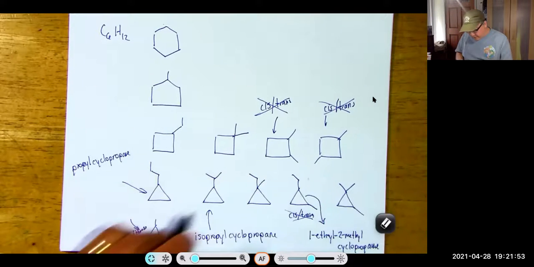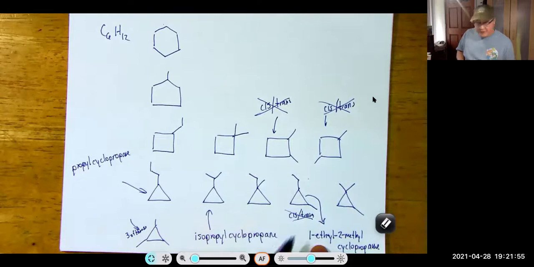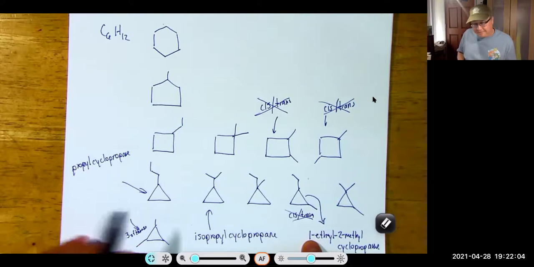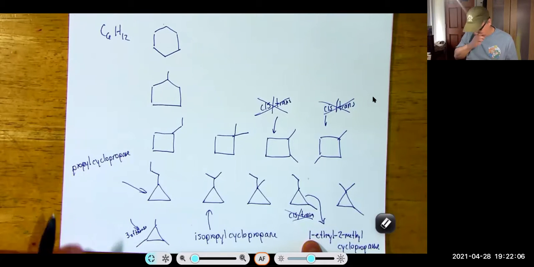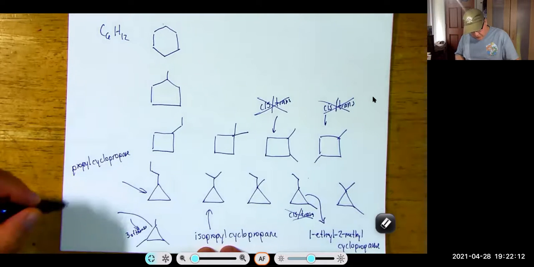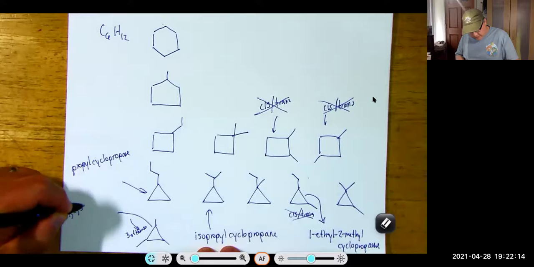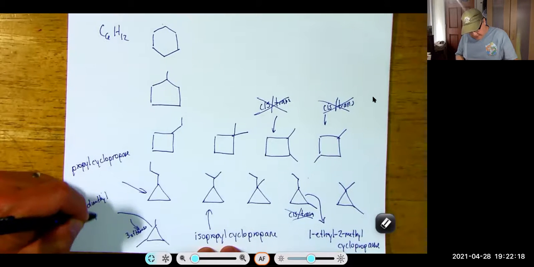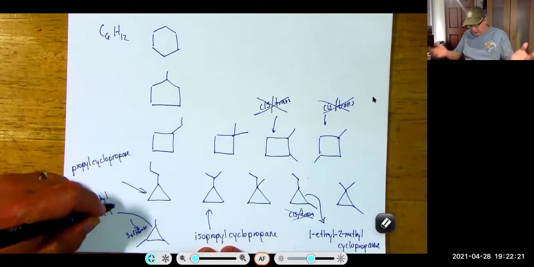And the reason the ethyl gets the number 1 is because E comes before M. And it always looks better if you're going to start with an ethyl that you put a 1 next to it instead of a 2. This one would be 1,2,3-trimethylcyclopropane, and so forth and so on.